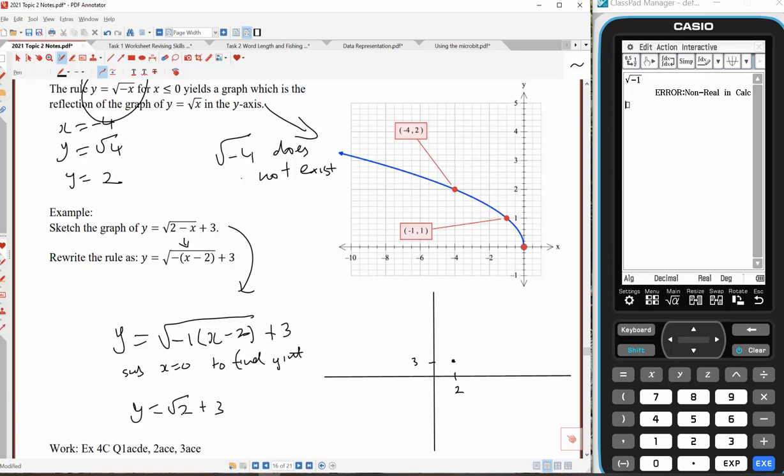Now, √2 is roughly 1.4. 3 plus 1.4 is roughly 4.4. So here's 1, 2, 3, here's 4. Round about here would be where it is. So that's going to be (0, √2 plus 3), and the anchor point is (2, 3).